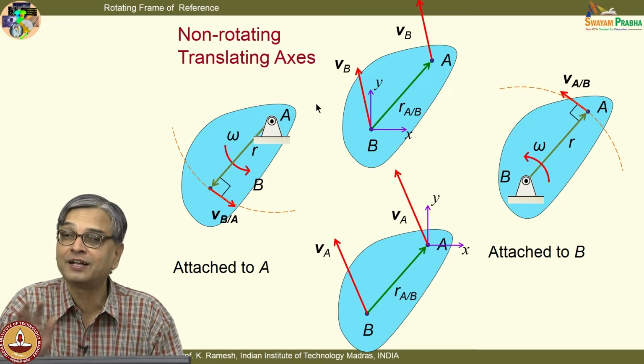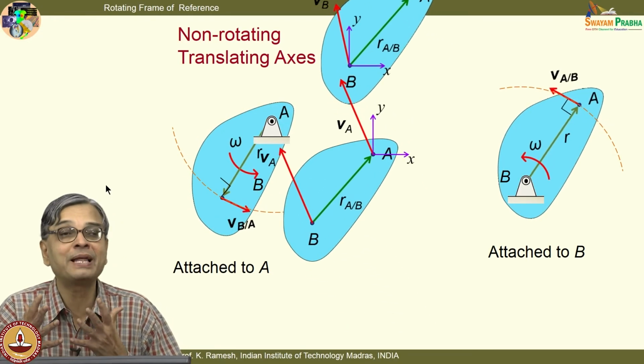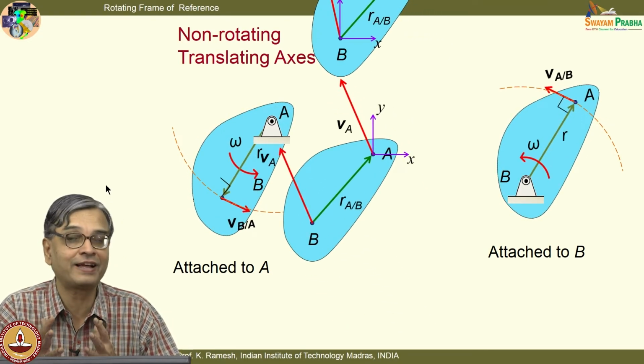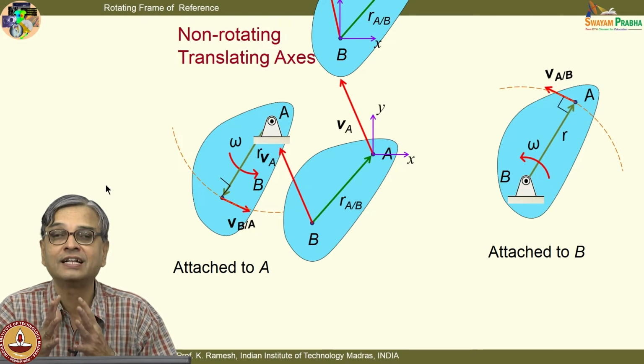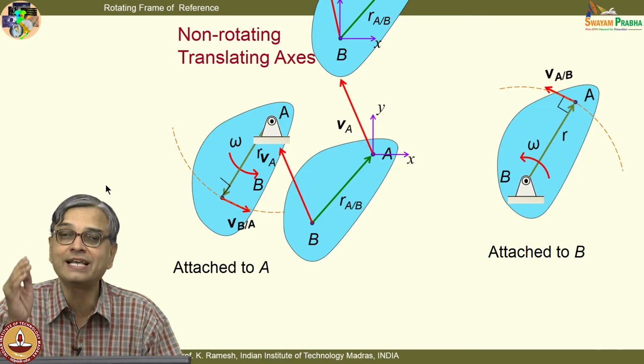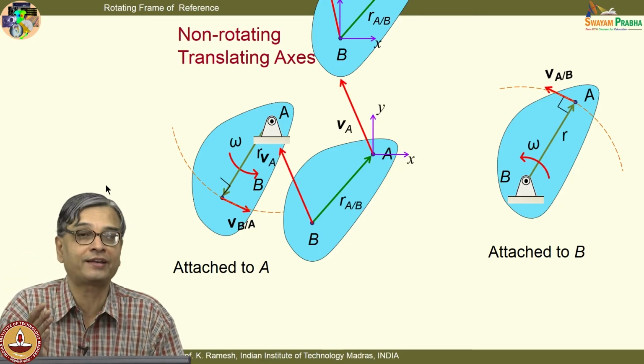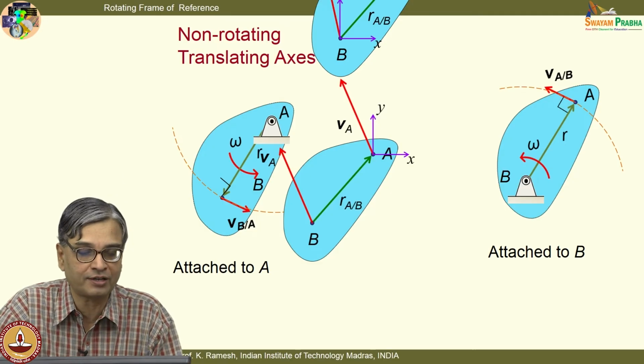You might have forgotten that. So, again bring back those old memories. If I attach a non-rotating, translating axis to a rigid body, I would see every other point rotate about that point. This is one knowledge you have got.